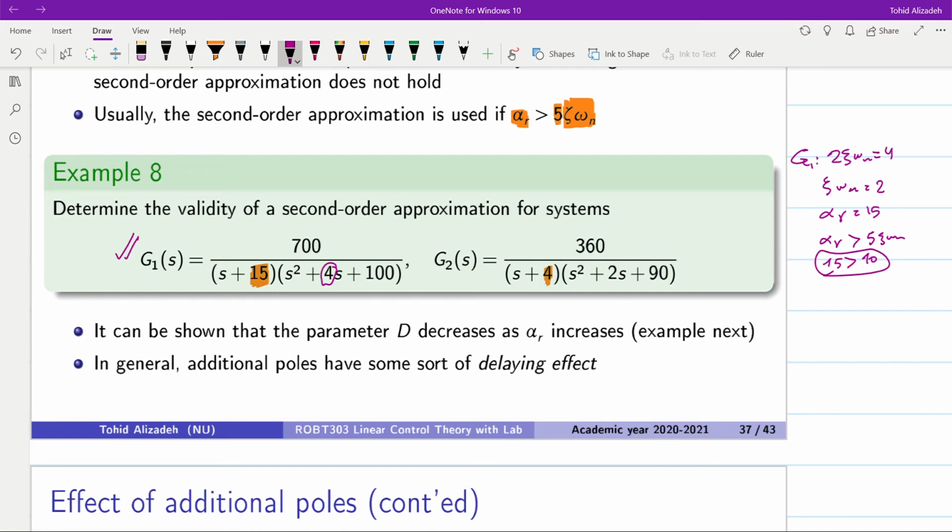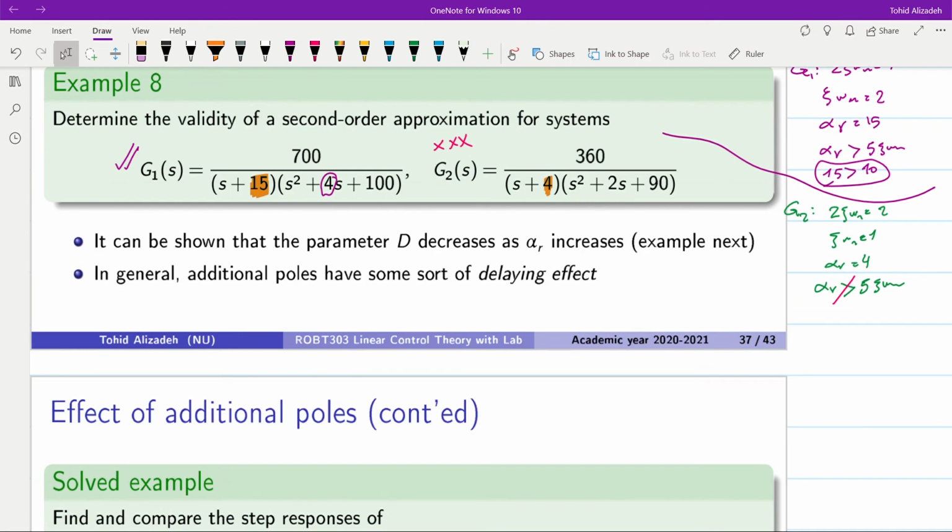You just need to keep in mind that the DC gain of the approximated system and the original system should be the same when you approximate it. For G2, 2 zeta omega_n equals 2, so zeta omega_n is equal to 1, and alpha_r is equal to 4. Alpha_r is not bigger than 5 times zeta omega_n, so this is not valid. As a result, the second order approximation will not be valid here.